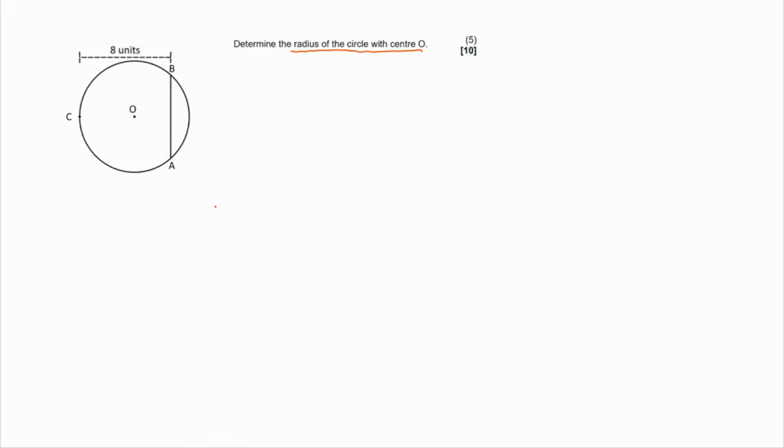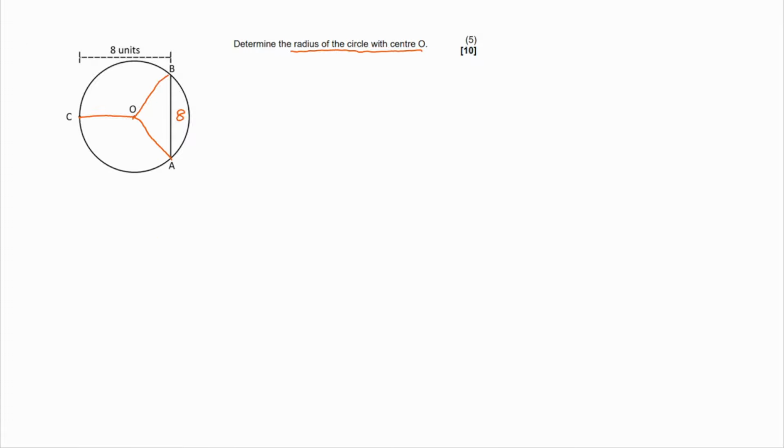So this looks like a very obvious construction thing, because they say determine the radius, and they haven't even constructed any radii. So let's construct some radii. OC is a radius, OB is a radius, and OA is a radius.